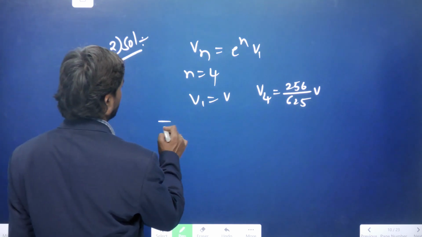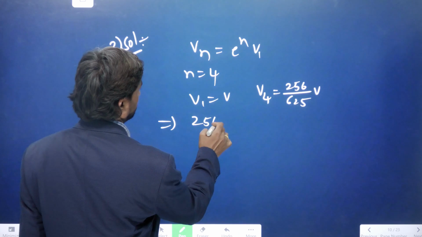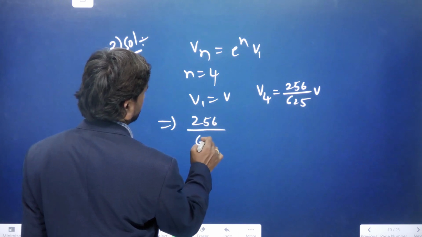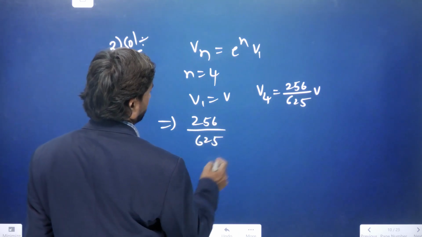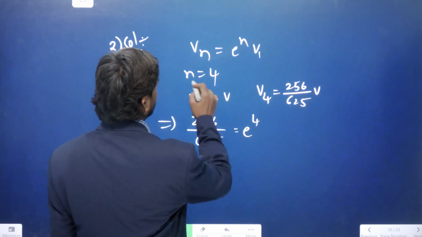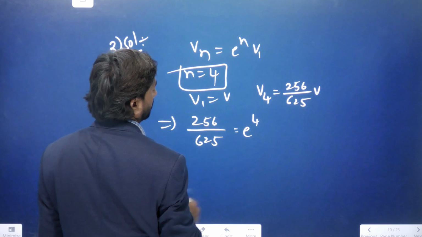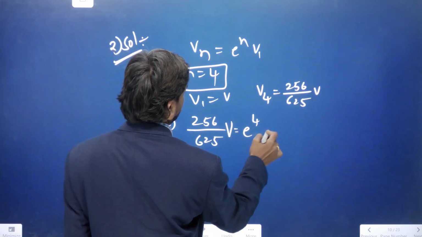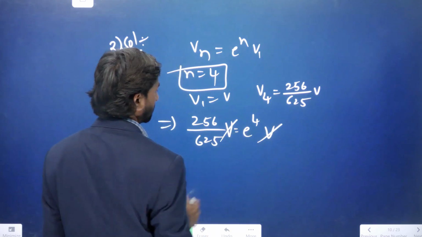Substitute the values: 256 divided by 625 is equal to e power 4. Here n is 4, and V1 is V, so this V and this V will be cancelled.